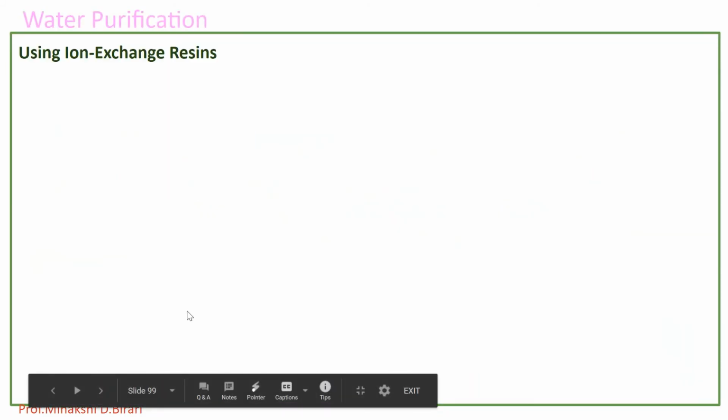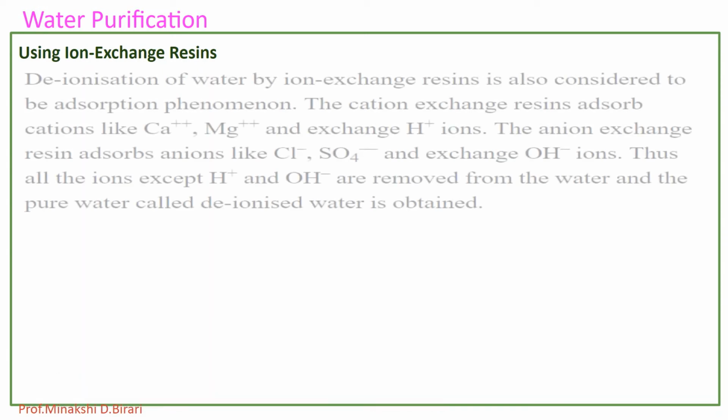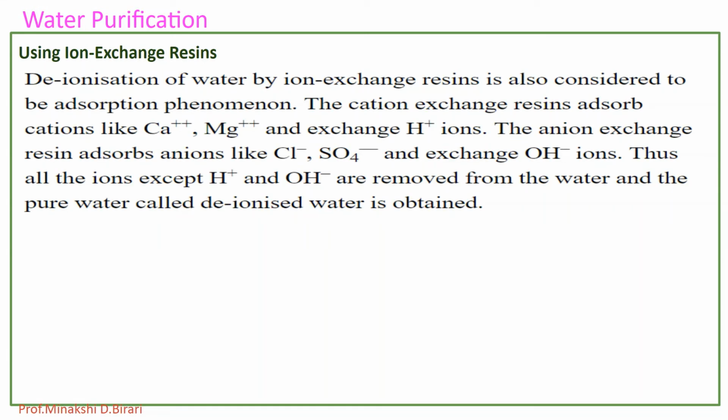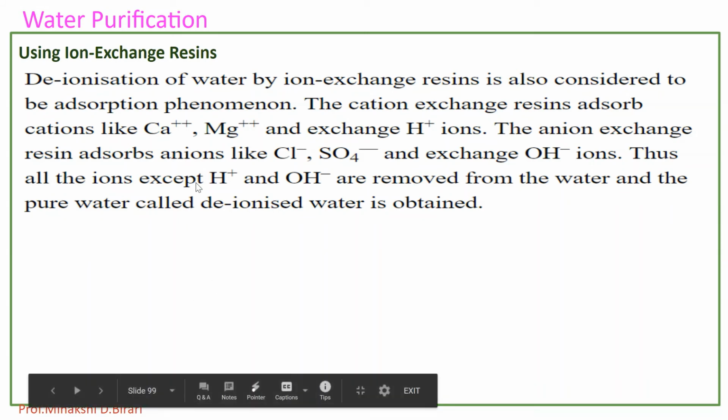Also by using ion exchange resins, the water purification can be carried out. So hard water becomes soft water by using ion exchange resins. Deionization of water by ion exchange resins is also considered to be an adsorption phenomenon.